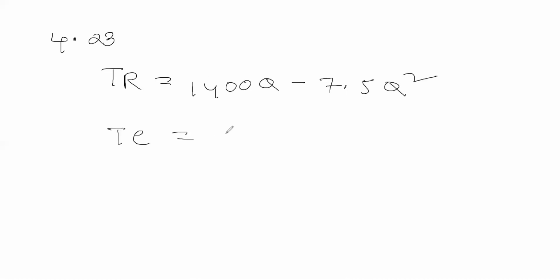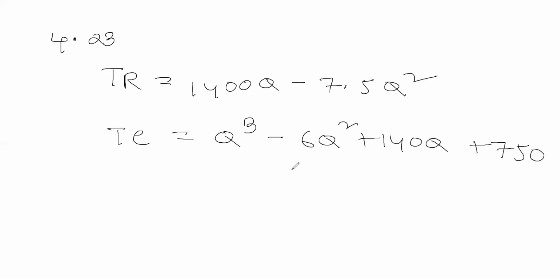So I will describe the question for you, but let's see what the question provides us with. It is providing us with two equations, a total revenue equation, which is 1400Q minus 7.5Q square, and a total cost equation, which is Q cube minus 6Q square plus 140Q plus 750.